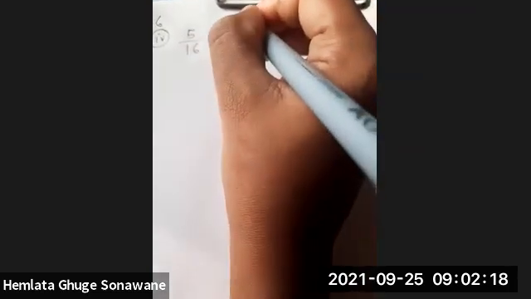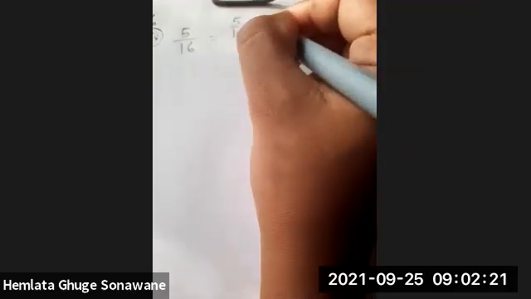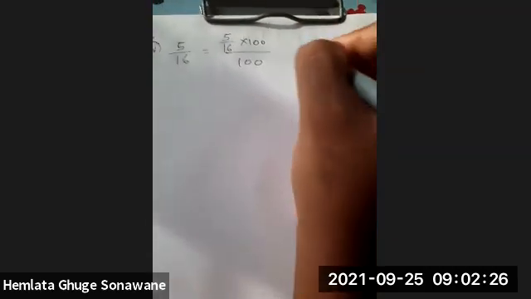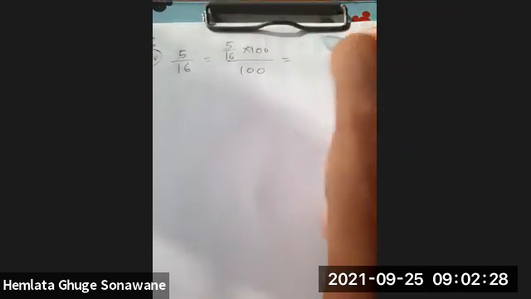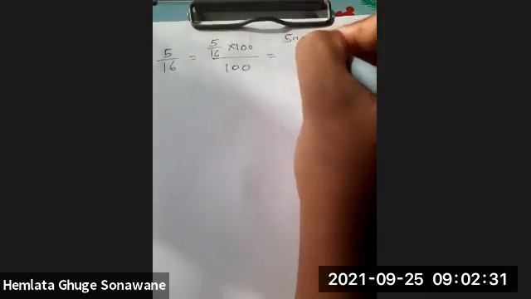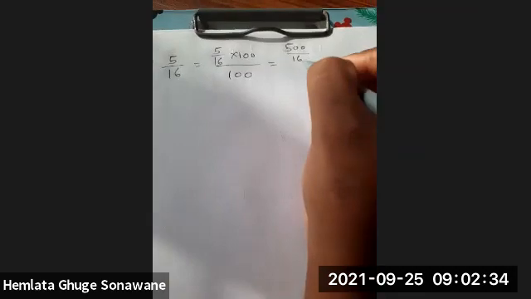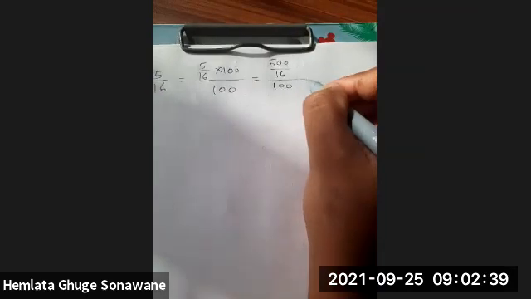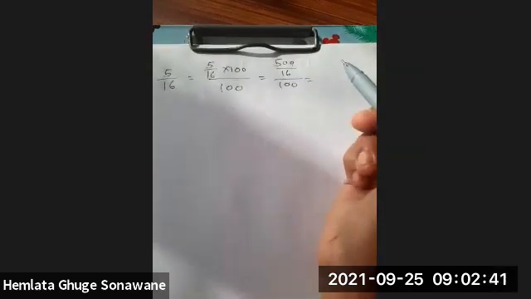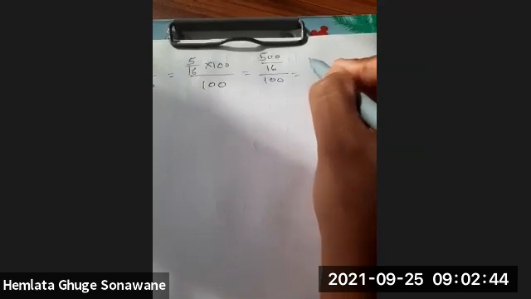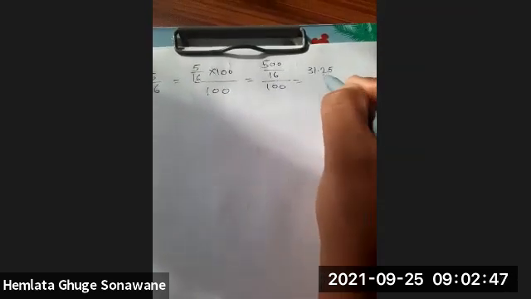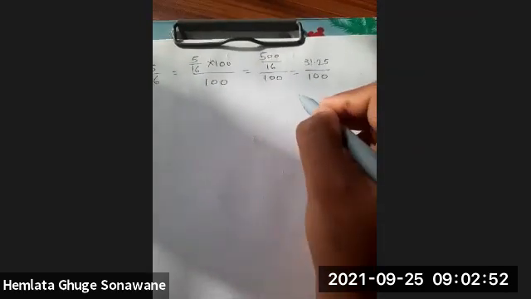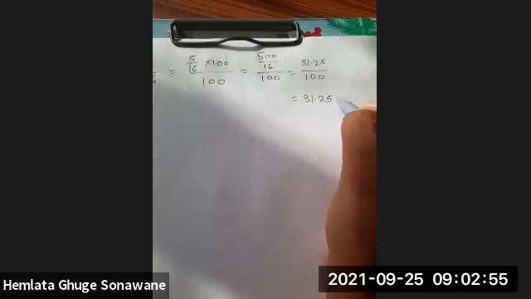So it is equal to 5 upon 16 into 100 upon 100. We'll multiply 5 with 100. It becomes 500 upon 16 divided by 100. If we divide 500 by 16, then it becomes 31.25 upon 100. So that is 31.25%.